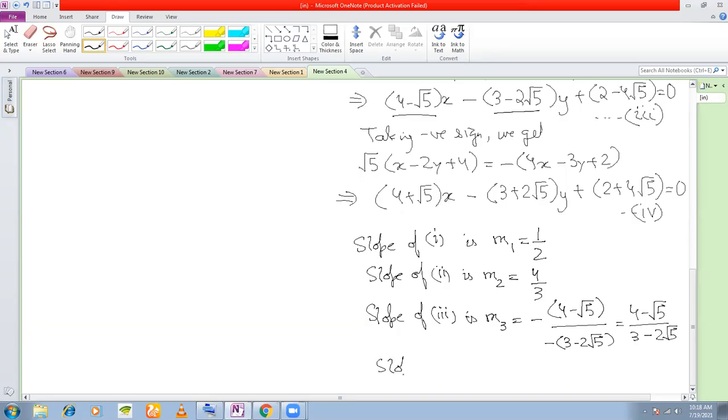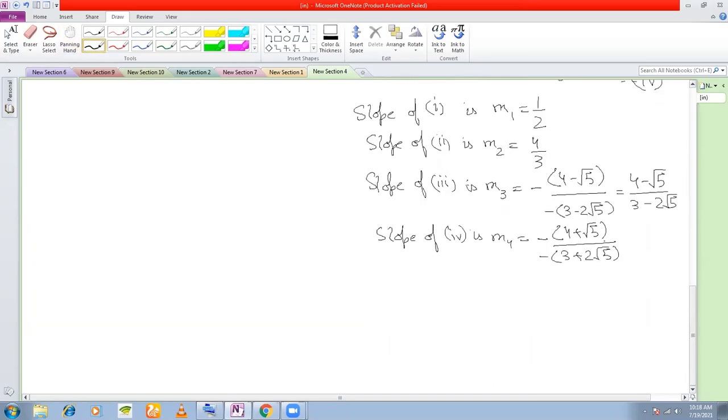Slope of the fourth bisector, slope of 4 is m4 is equal to, similarly you find out, minus coefficient of x divided by coefficient of y. Okay. So this comes out to be 4 plus root 5 by 3 plus 2 root 5. This is the slope of this.